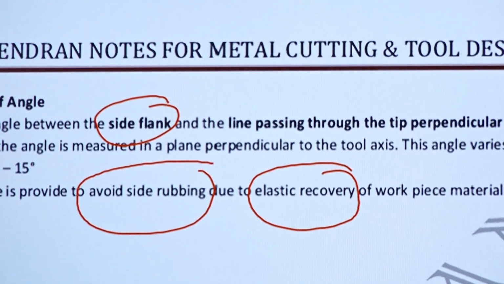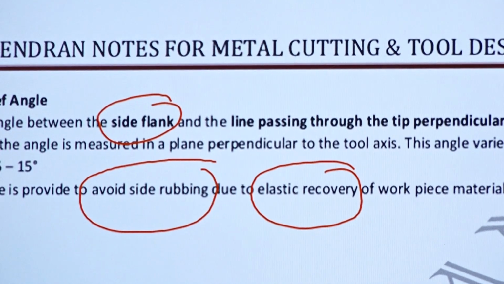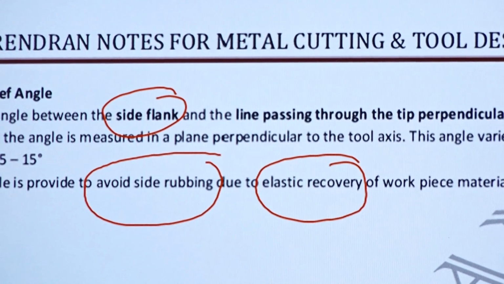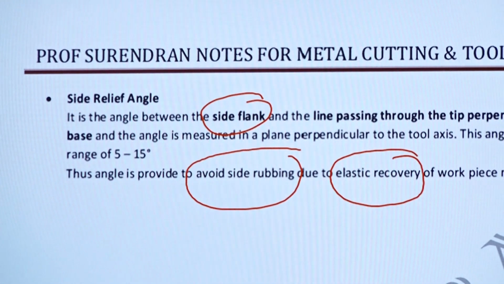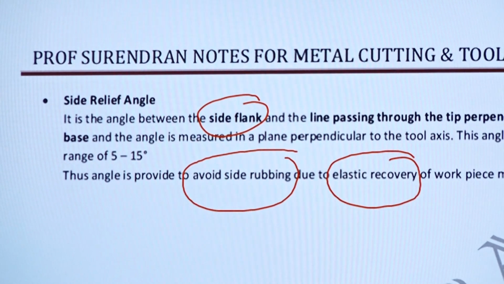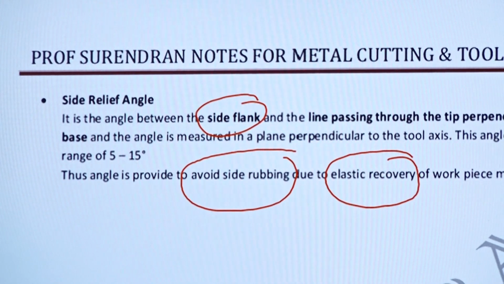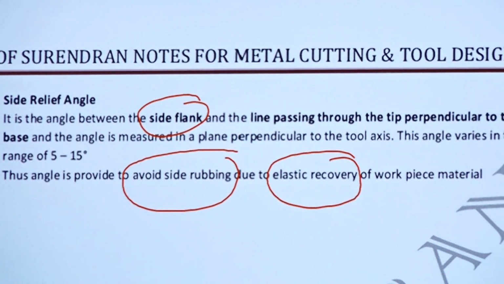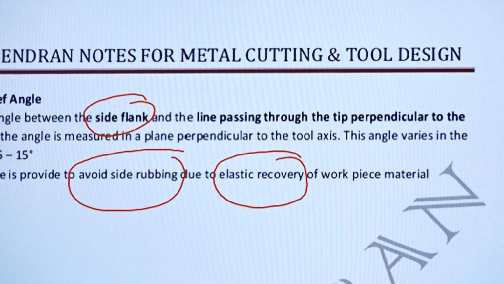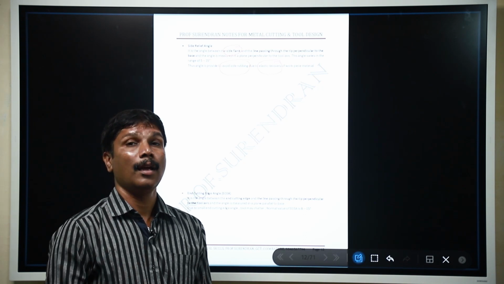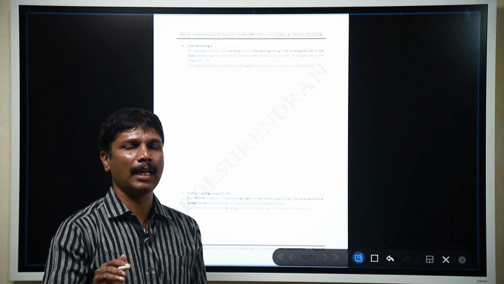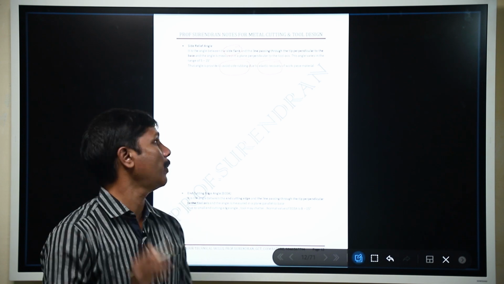When the workpiece is compressed, it has some elastic deformation. Because of elastic recovery, side rubbing takes place. So to avoid side rubbing, we provide the side relief angle.